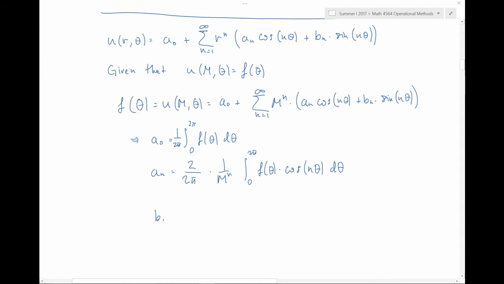And Bn will be 2 over 2 pi times 1 over m to the power n times the integral of f of theta times sine of n theta d theta. These formulas are just the formulas for the coefficients for the real Fourier series.